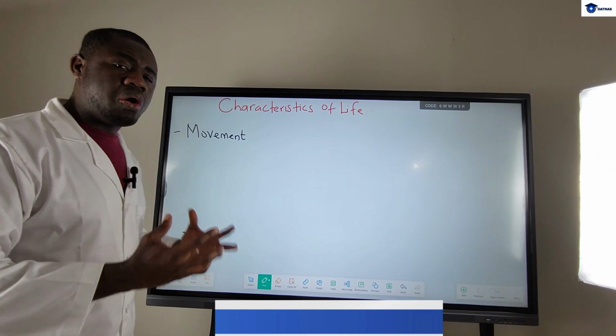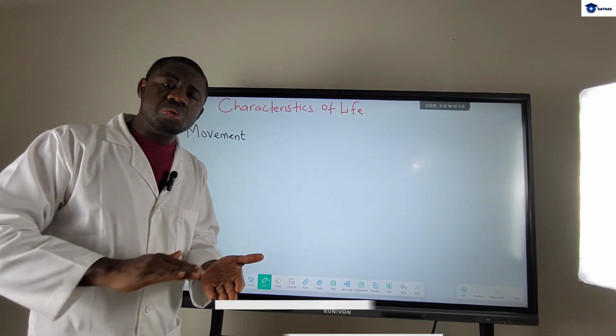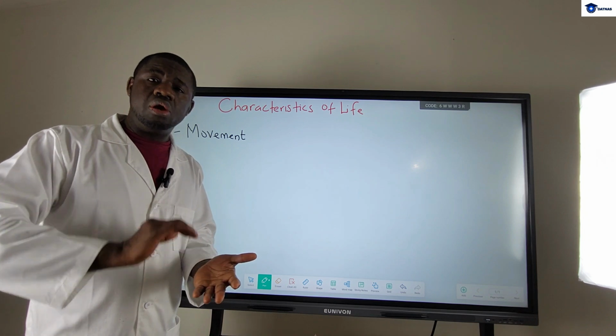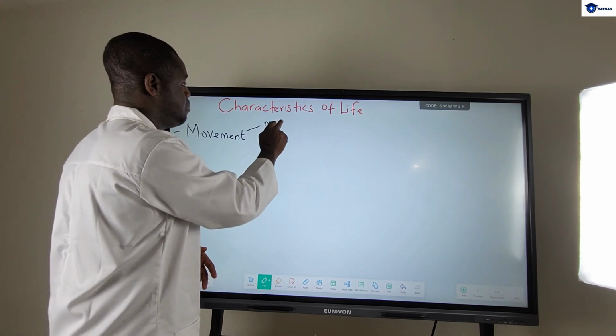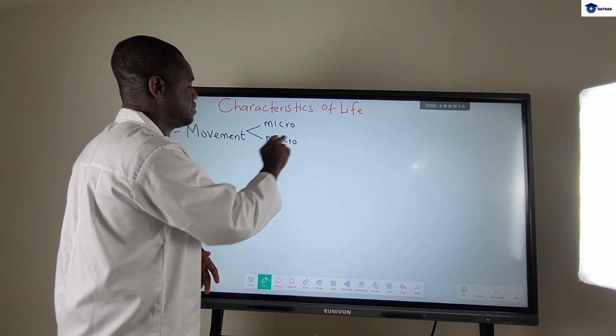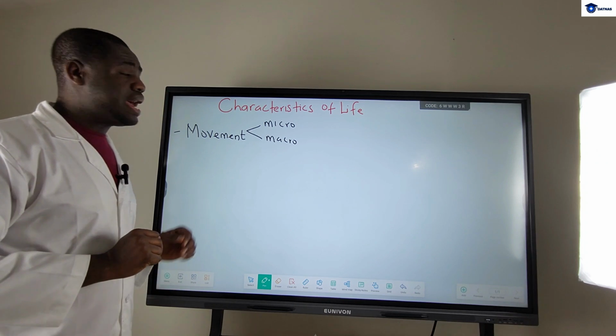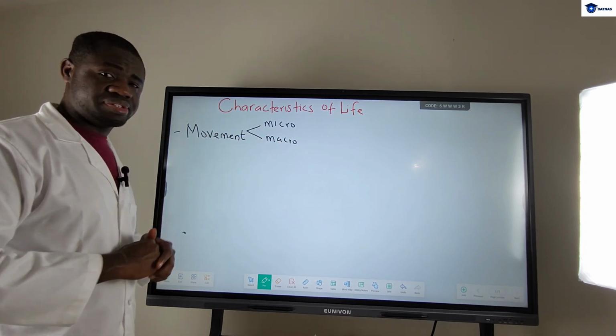Movement can occur in micro level or macro level. That is, we have micro movement and macro movement.